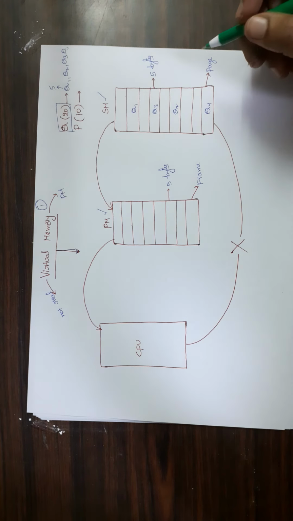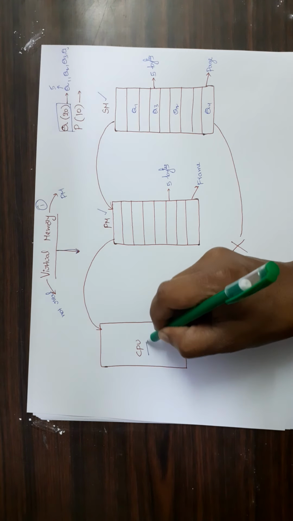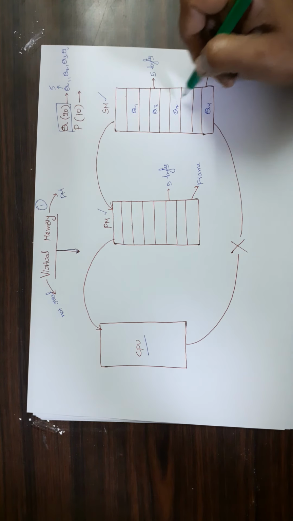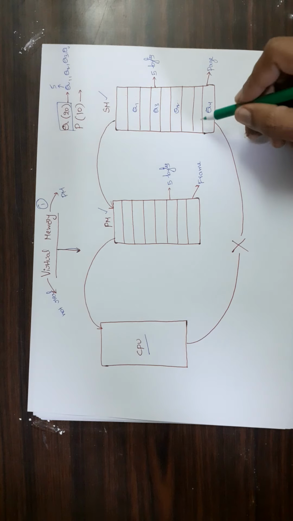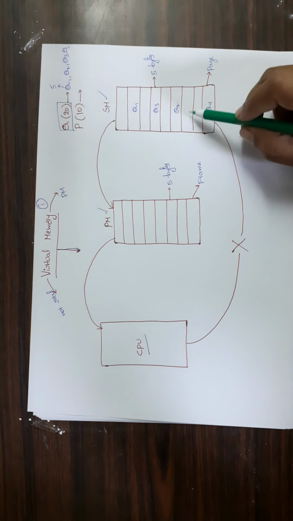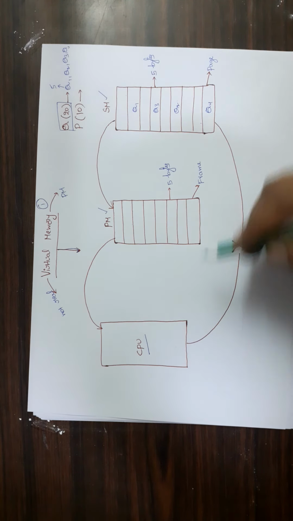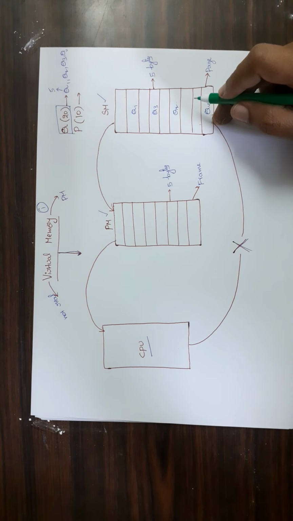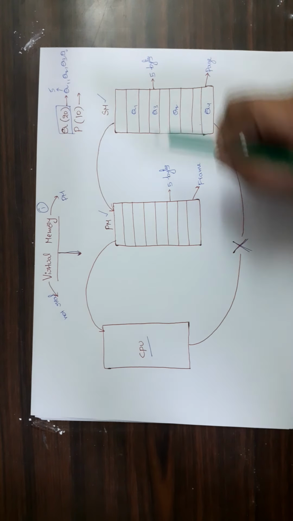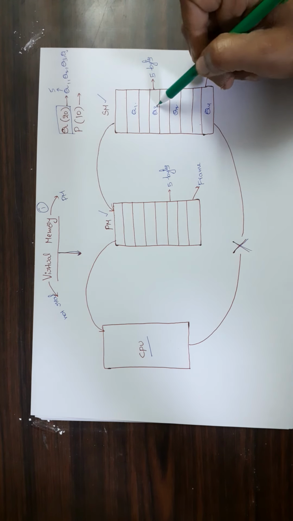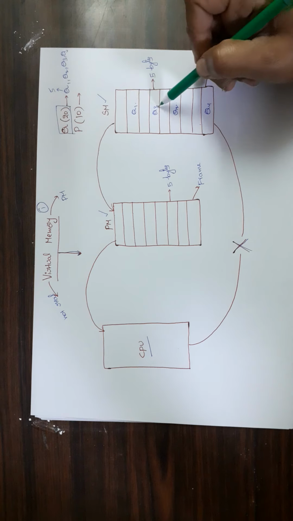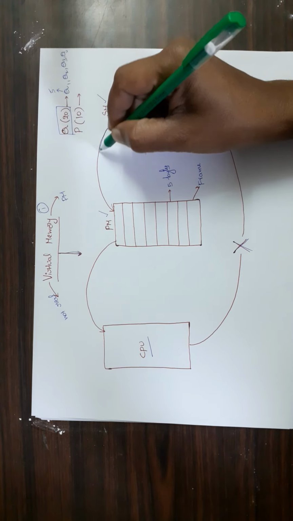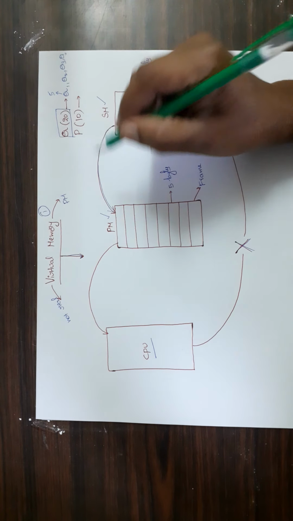Now let us assume that the CPU wants to execute process Q. In order to execute process Q, first it needs to access the data from the secondary memory, right? But the CPU cannot access the data from the secondary memory directly. So if the CPU wants to execute any process, then that process data, that means Q1, Q2, Q3, Q4 data, should be brought from secondary memory to the primary memory.